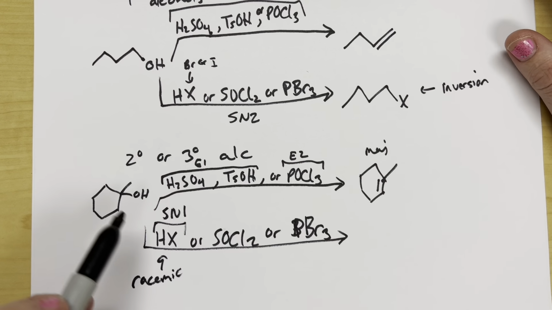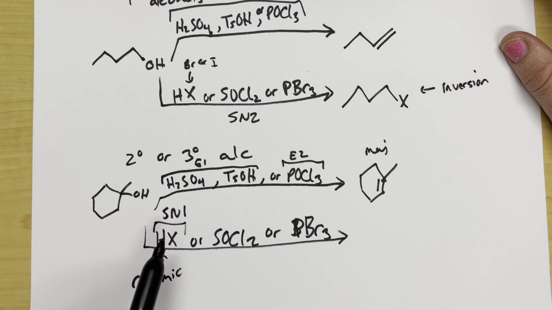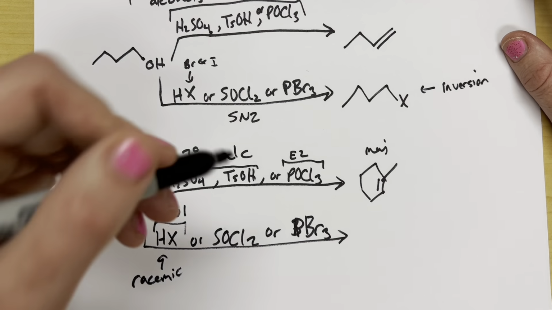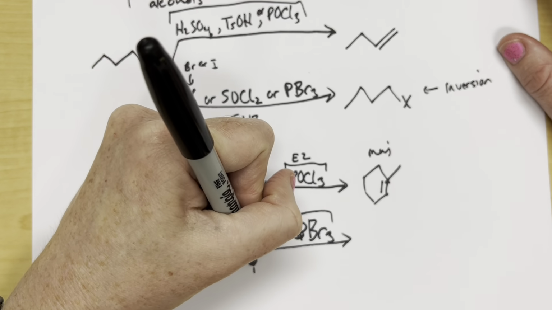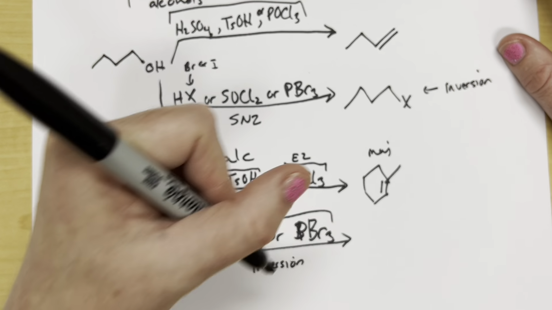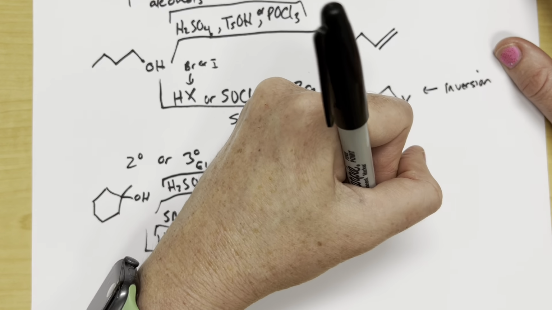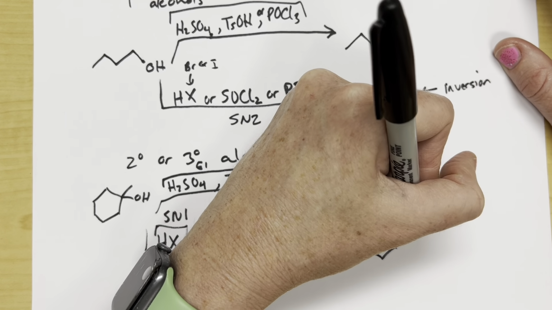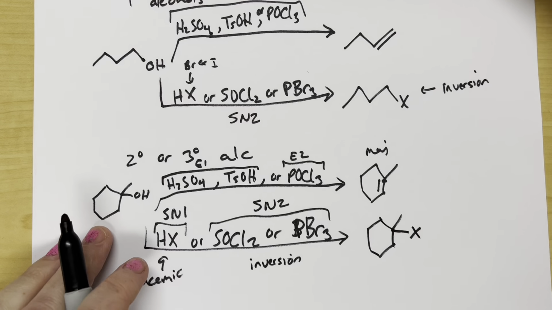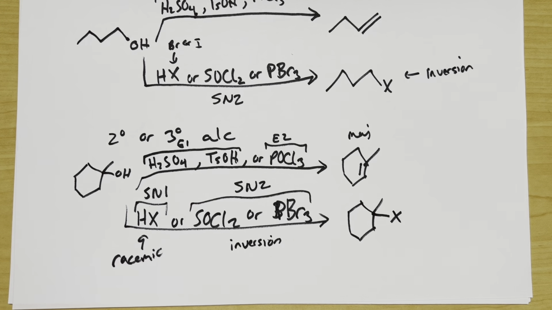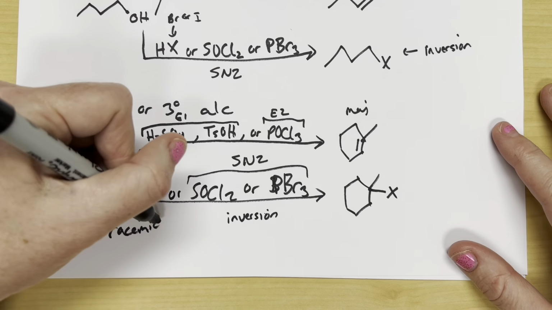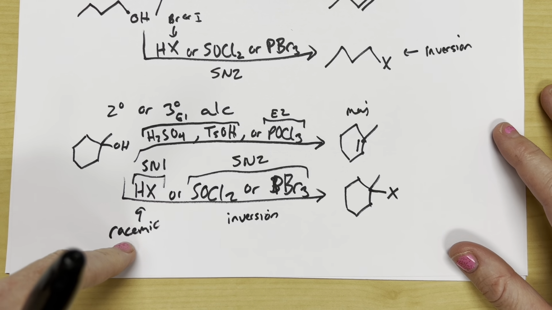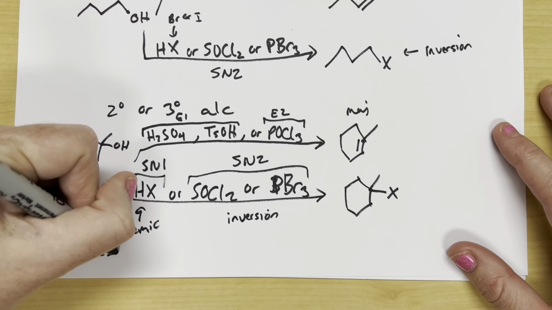Right, so you'll get two products, one R, one S. But these two will be via SN2. So you'll only get the inversion. But no matter what, you're going to put an X on the more substituted spot right there. Something to think about, only SN1. So when I say racemic, that means at one point it was a cation. So only in SN1 can you have the shifts.